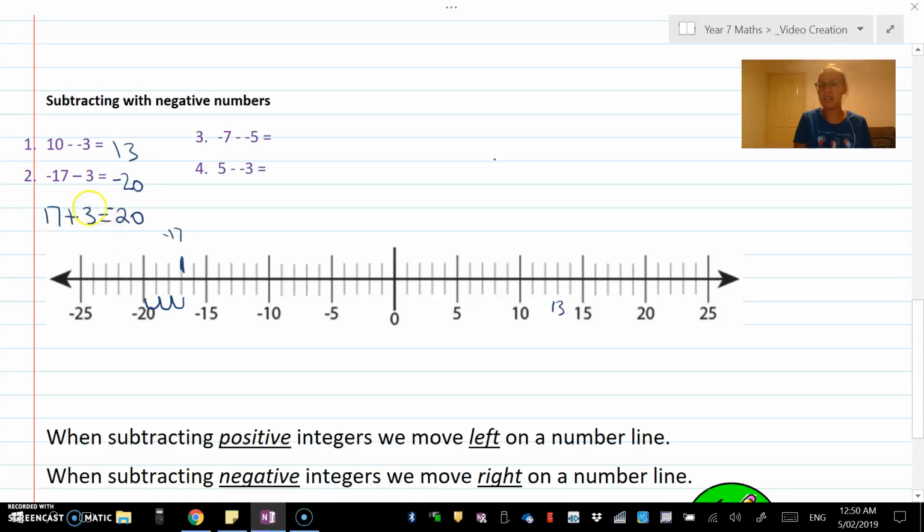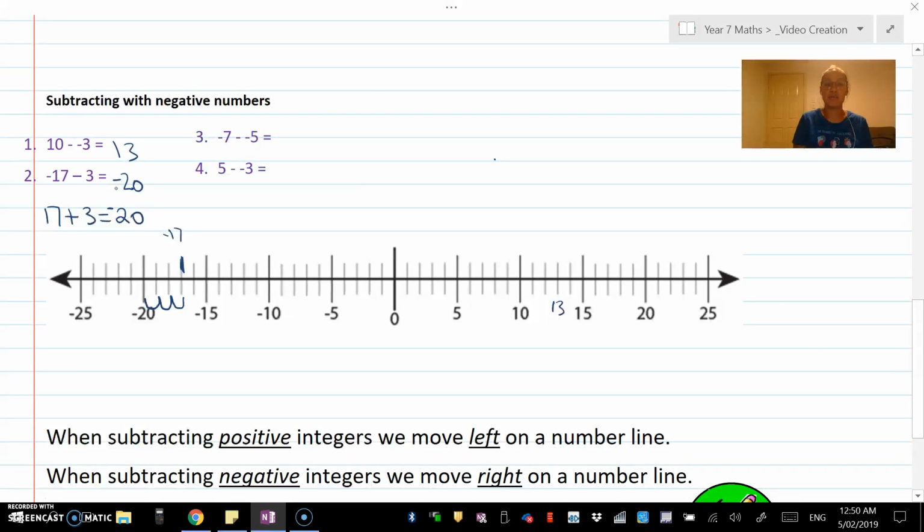I personally don't like to use it because sometimes I think that you would forget about your negatives. It doesn't always work, and that's the reason why I'm trying to show you how to do the mathematics properly, so that you can find a strategy that can remind you how to do the maths properly.